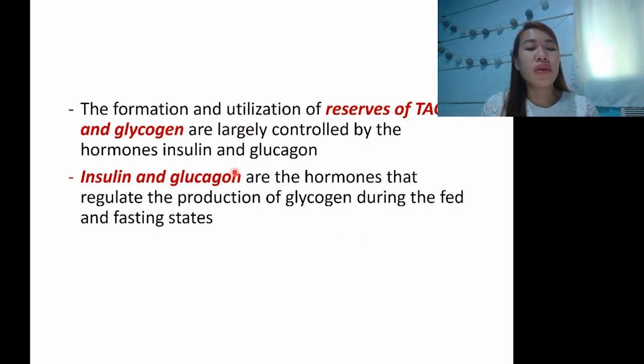So insulin and glucagon regulate the production of glycogen during the fed and the fasting states. So whether to make glycogen or to break down glycogen, they have a very large role. It's very important. So when we talk about diabetes mellitus, it's really one difficult metabolic disorder that we have because it affects insulin.